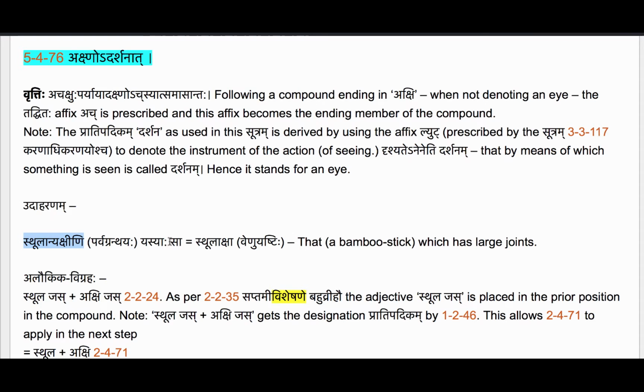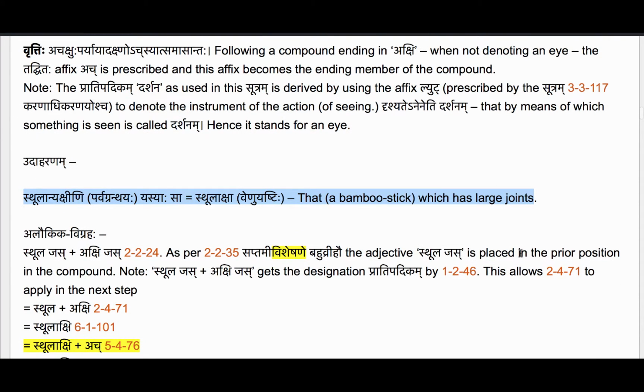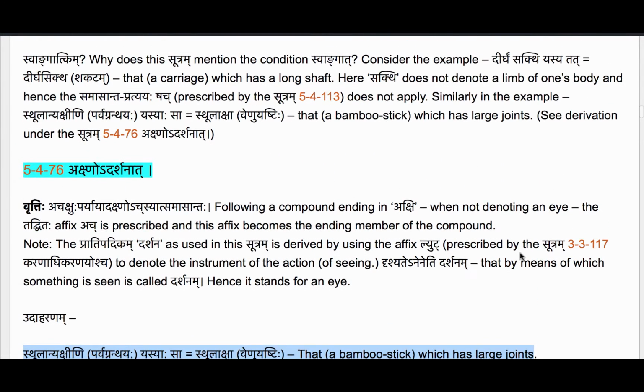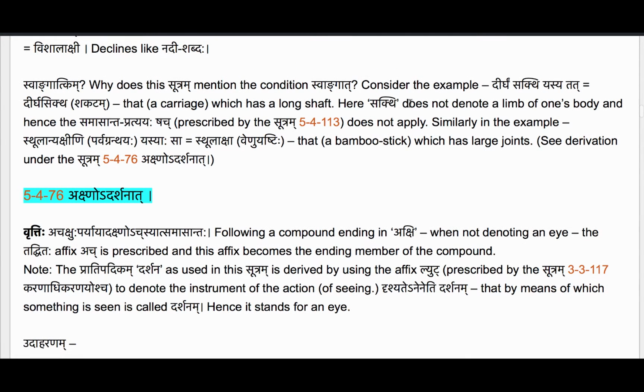Stulanyakshini parvagranthayah yasyaha sa equals stulaksha Venuyashtihi, that is, a bamboo stick which has large joints. We have already noted when we studied the Sutram 5.4.113 that since akshi does not denote a limb of one's body, does not denote an eye, therefore the Sutram 5.4.113, which requires swangat, does not apply here.